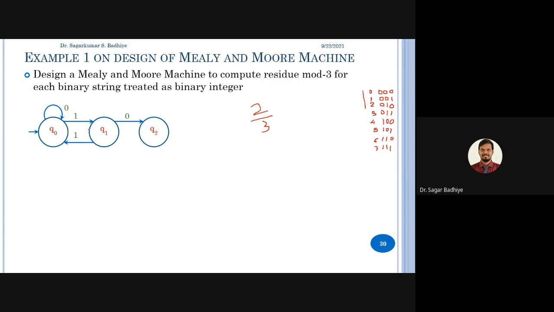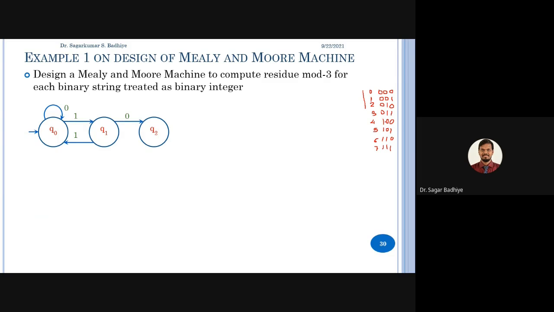Then I have considered both inputs at q1. Now in q2, again, I can get any input, that is I can get a 0 input or 1 input, right? So if I get a 0 input in q2, what would be the number that will be generated? To reach q2, I have already read 1 0, right?